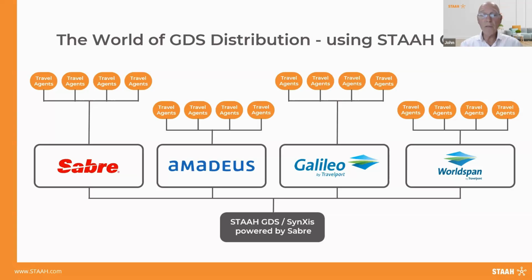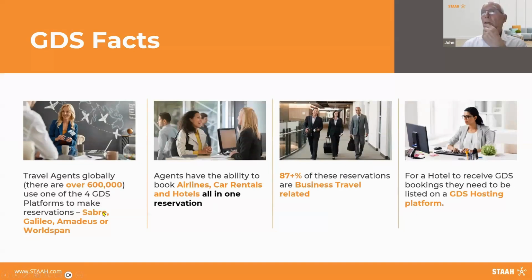That whole office will be using just one of these 4. So your rates and availability, these agents up here total globally about 600,000 travel agents.